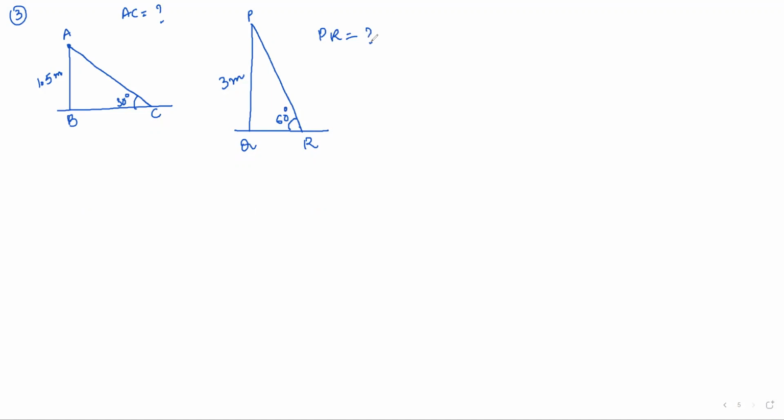Now I want to find hypotenuse basically, and I know the value of perpendicular. Which sine ratio I should use here? Sine. Yes, Abdullah, which should I use? Perpendicular and hypotenuse. So which ratio should I use?